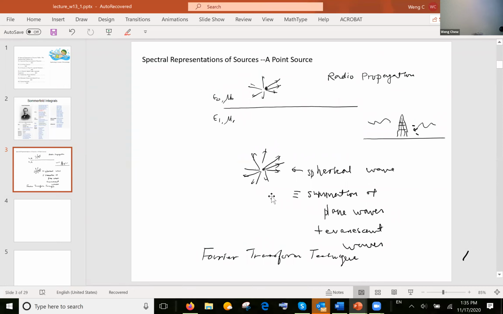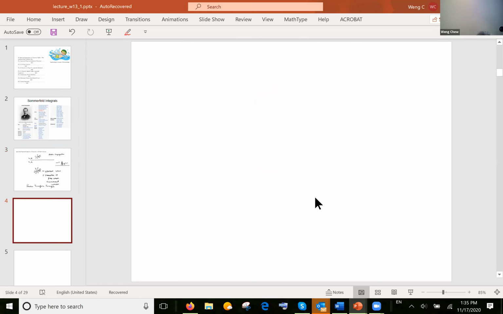Okay, so let's just do the first part, which is to solve this equation using Fourier transform. Say I have this equation, phi(x, y, z) is equal to delta(r), which is essentially delta(x) delta(y) delta(z).